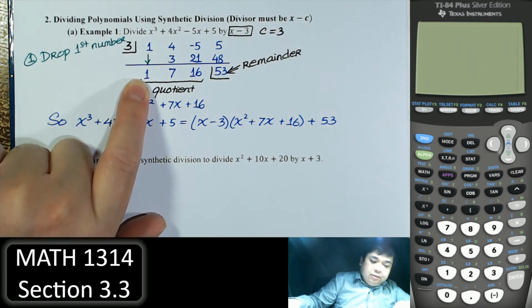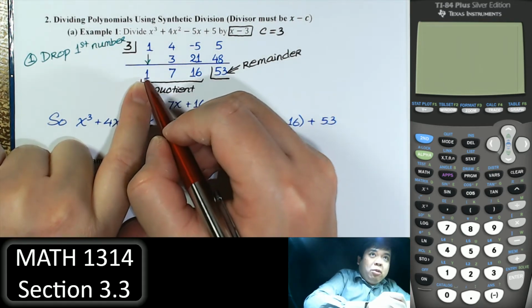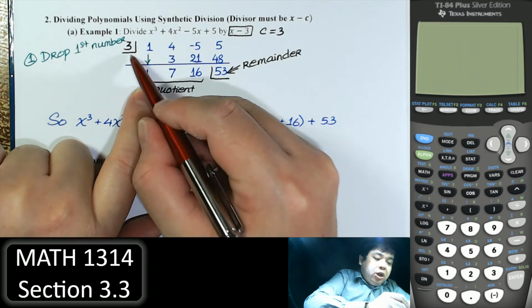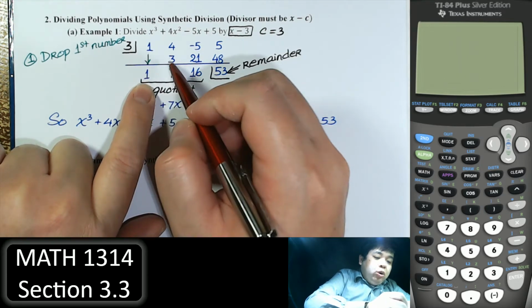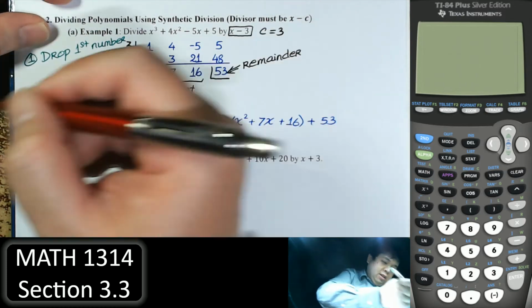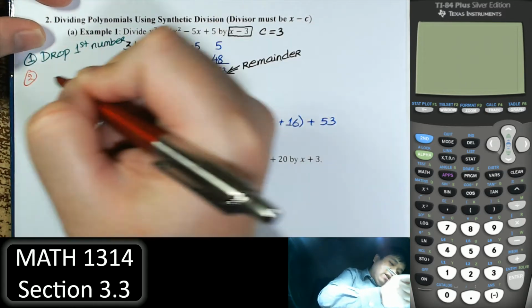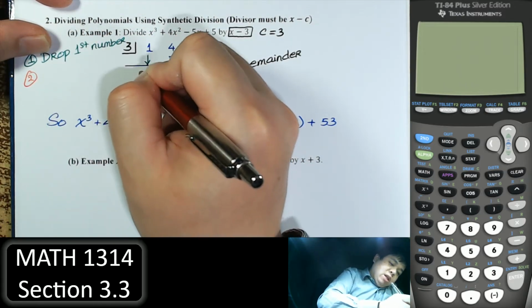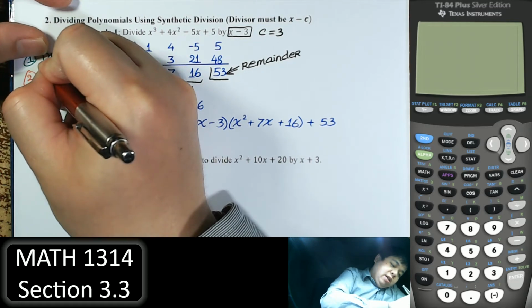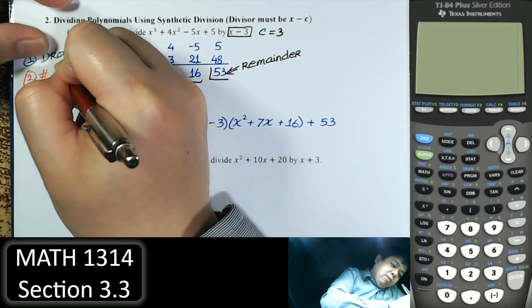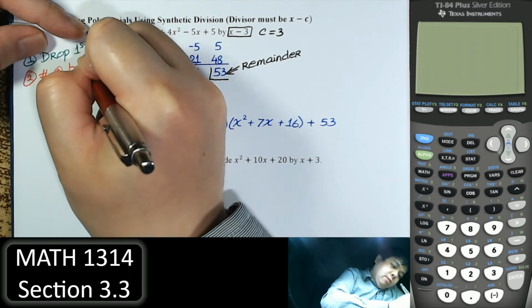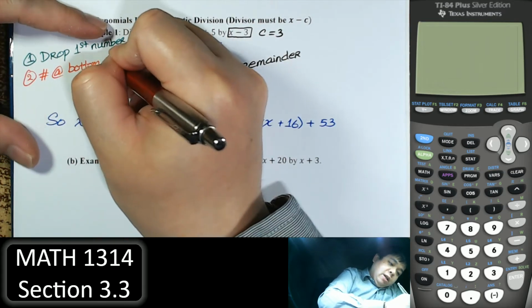Next, when we have a number at the bottom, multiply by c, put it in the next column and add. So the next step is the newest number at the bottom is multiplied by c.